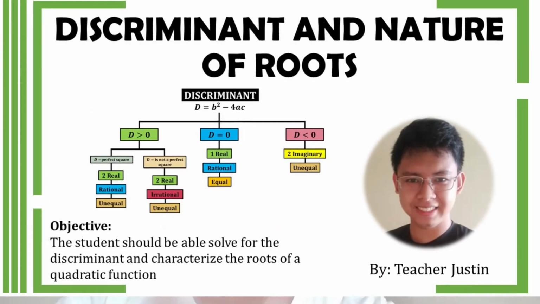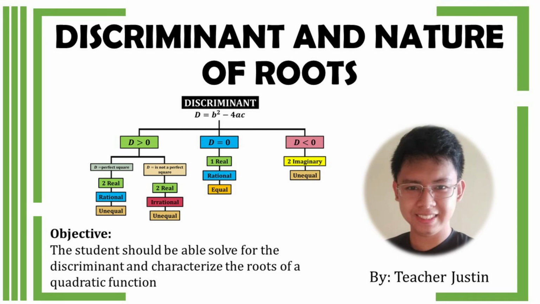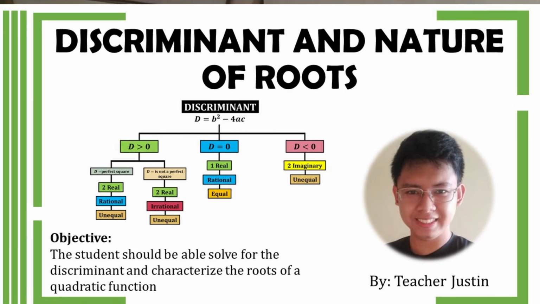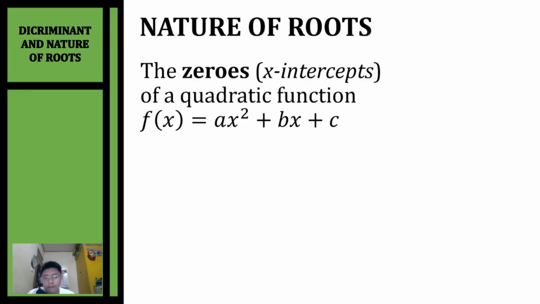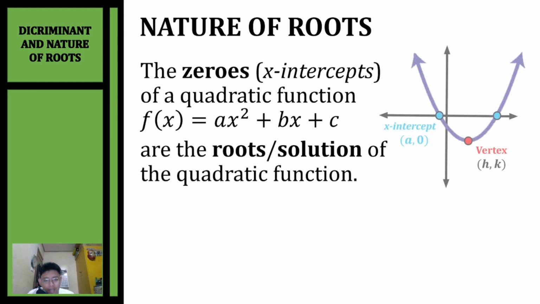On today's topic, we're going to talk about discriminant and nature of roots of our quadratic function. Alright, let's talk about discriminant and nature of roots. Now, when we say the word roots, we are still referring to the zeros or the x-intercepts of our quadratic function.